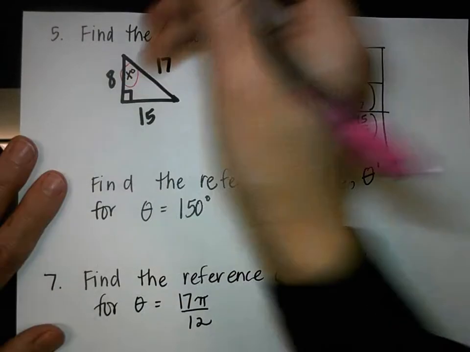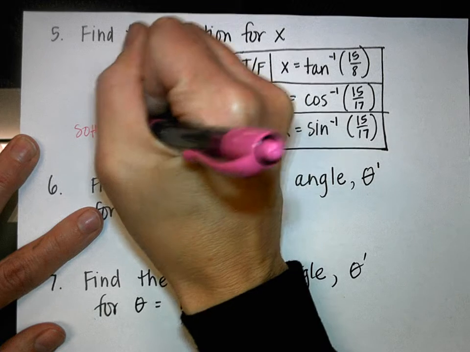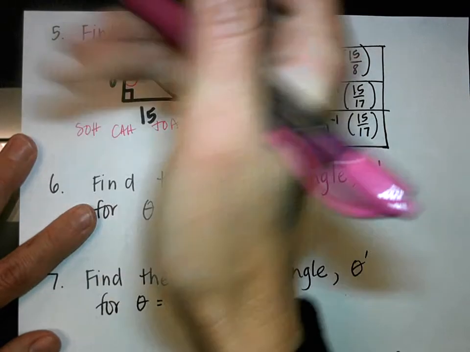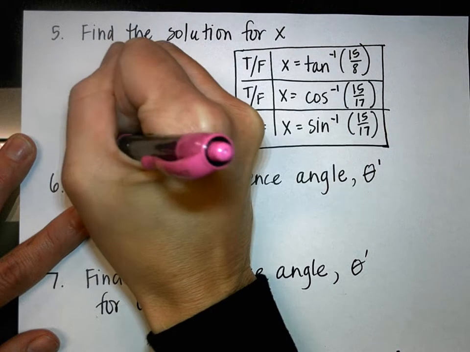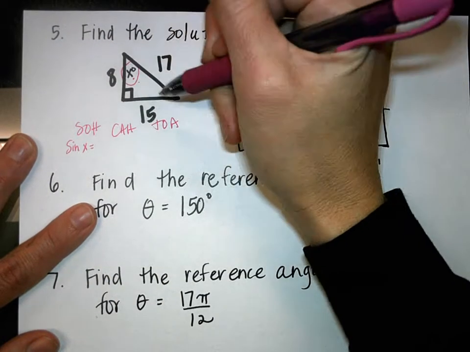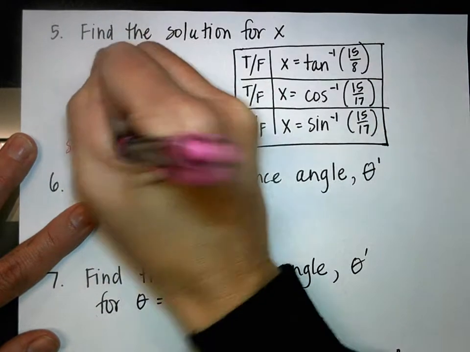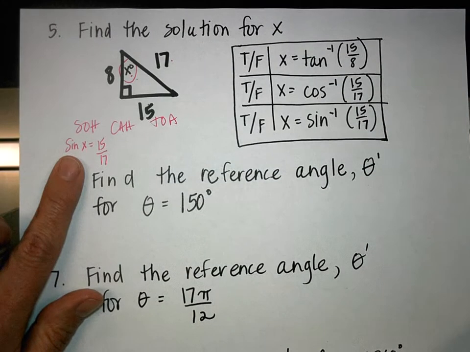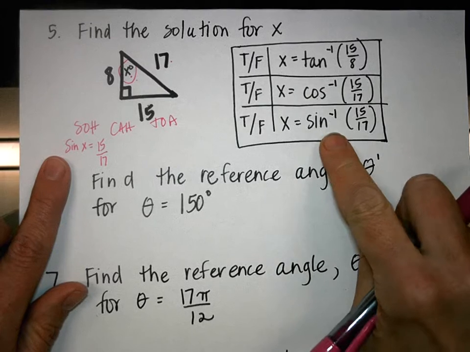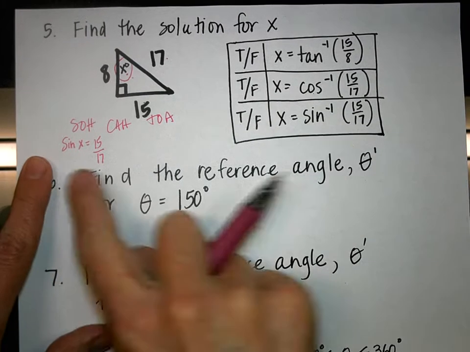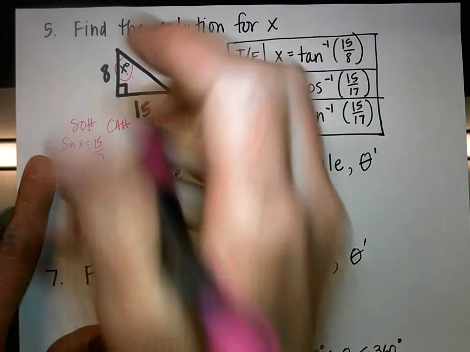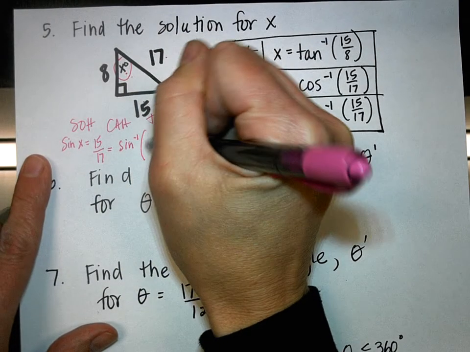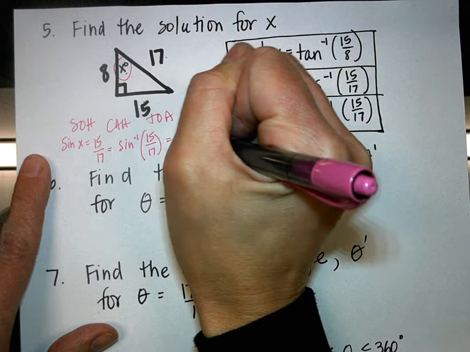And so for our SOHCAHTOA, if I'm doing sine for here, so that means sine of x equals opposite, which is 15, over hypotenuse, which is 17. When you are finding the angle, we do the inverse function. And so this is really what you would do to find the inverse function: you would take sine to the -1 of 15 over 17 equals x.